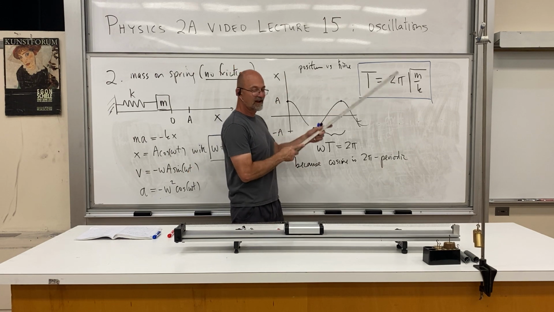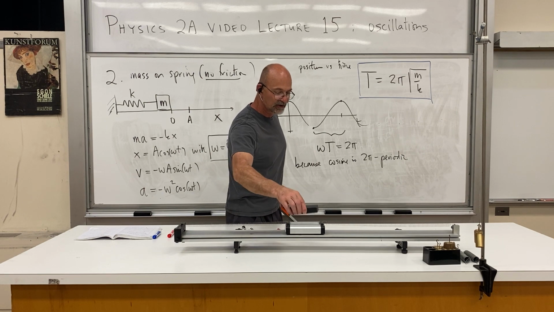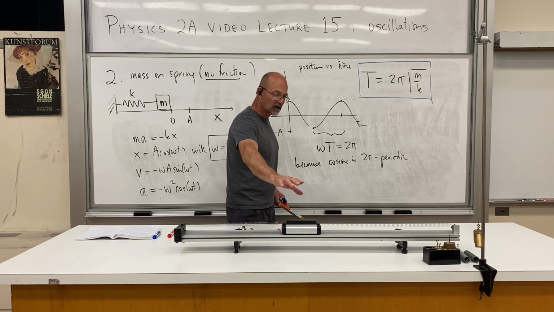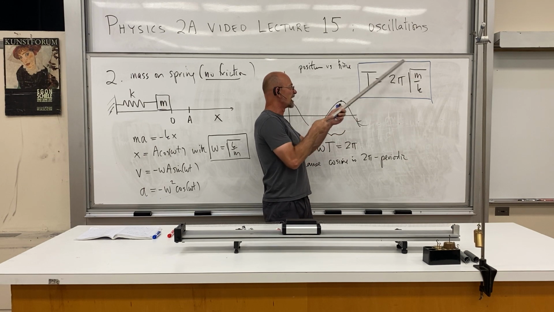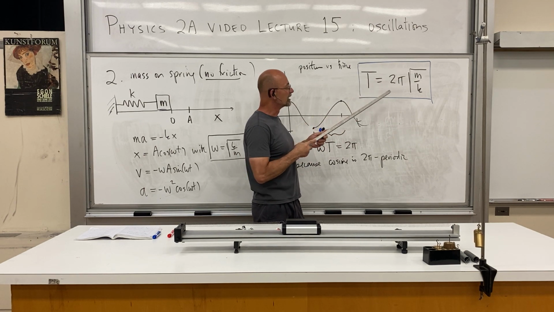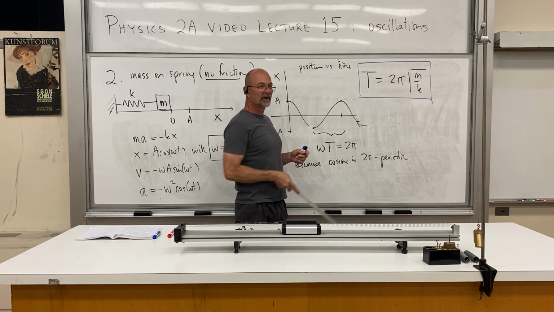So for example, if I had this car and I add enough mass to quadruple the car, then since I've quadrupled it, take the square root of that, I would get double the period. If I double the mass, I'd get the square root of 2 times the period, which is about 1.4.